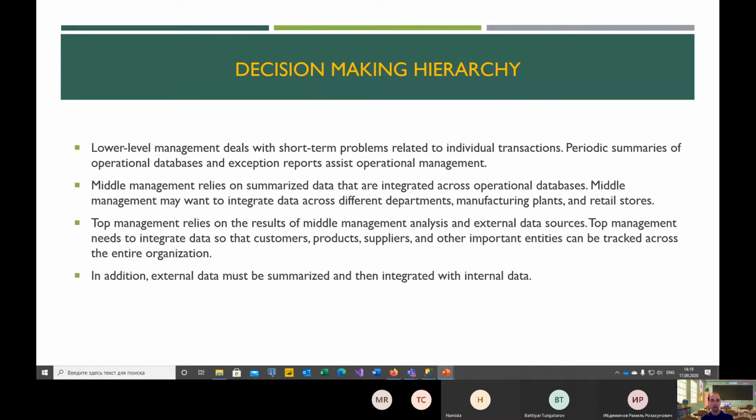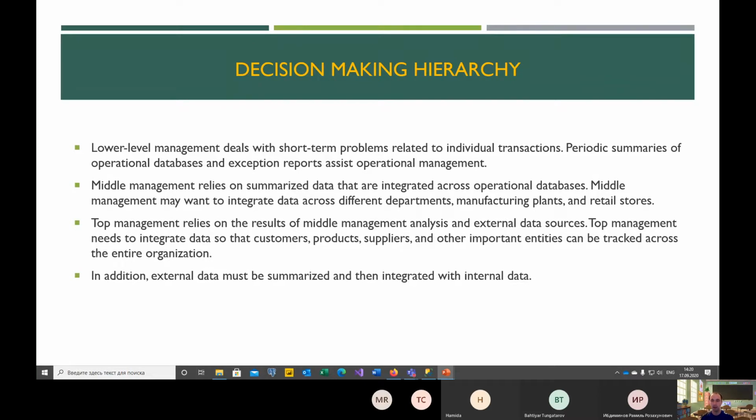There are also the management services, which we can divide into three categories: low-level management, middle management, and top management. The low level focuses on individual transactions, summaries of operational databases, and exception reports that assist operational management. Middle management summarizes data that are integrated across a list of operational databases.